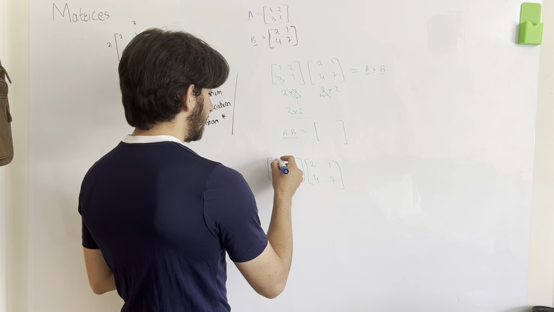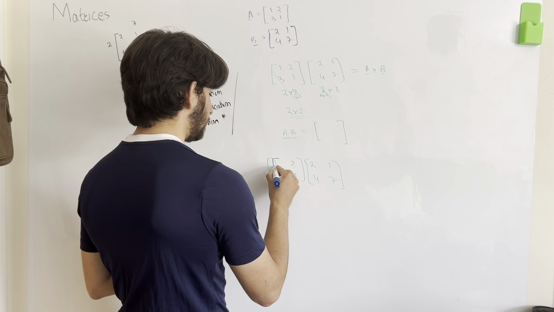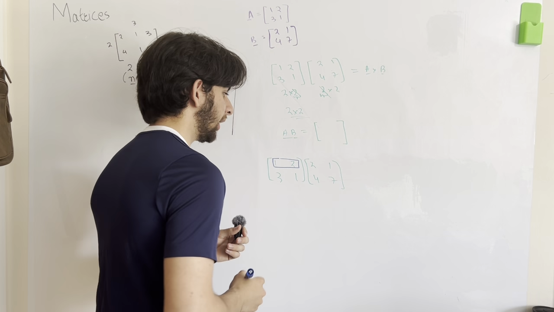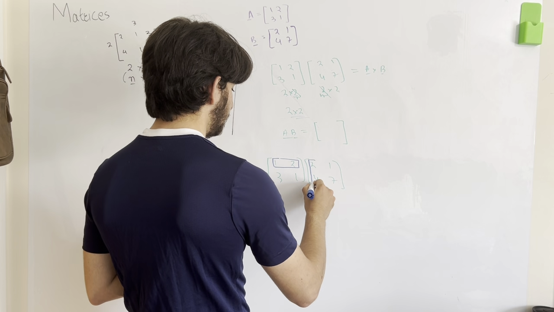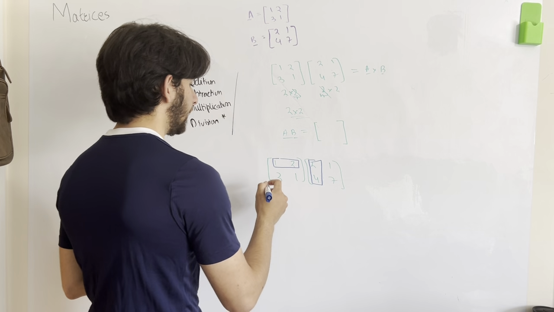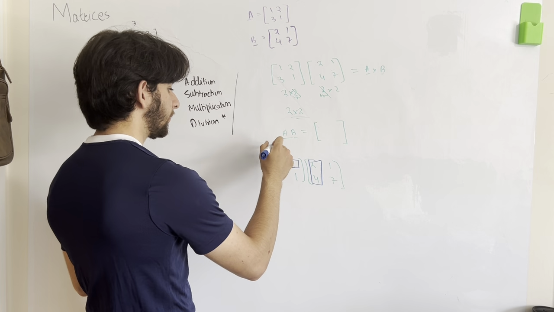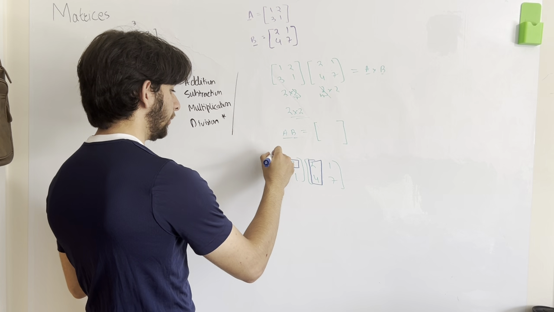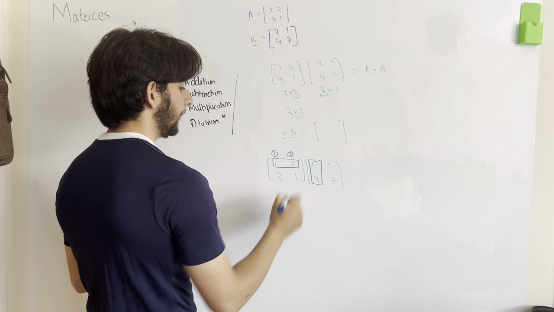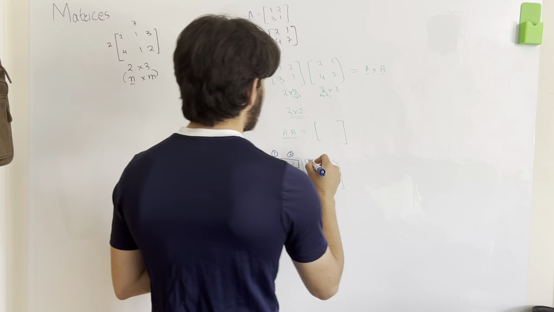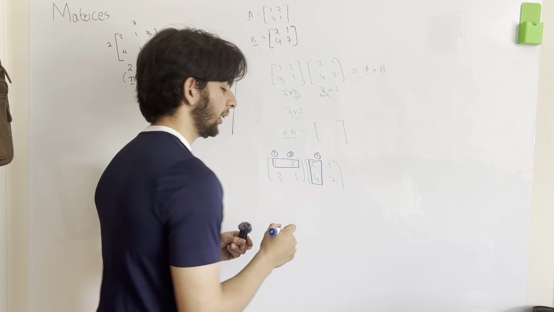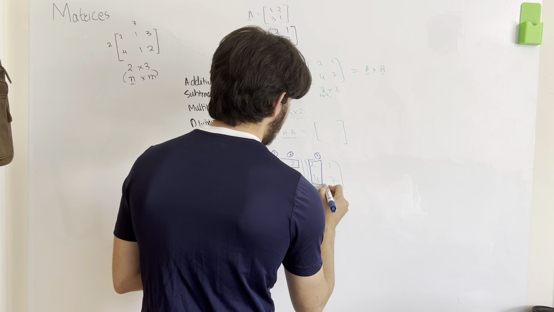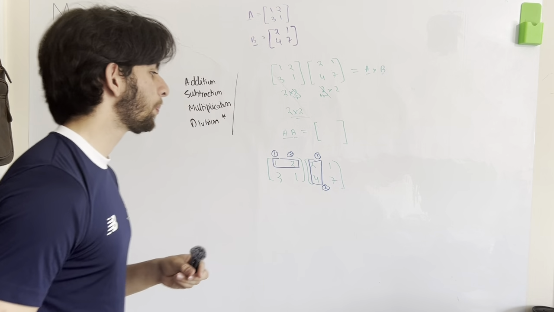The way you multiply these matrices is that you consider the first row of my first matrix, which is going to be A, and I'm going to consider the first column of my first matrix, okay? And I'm going to look at the elements. So it's going to be the first element of my row and the second element of my row, all right? Then here it's going to be the first element of my column and the second element of my column.